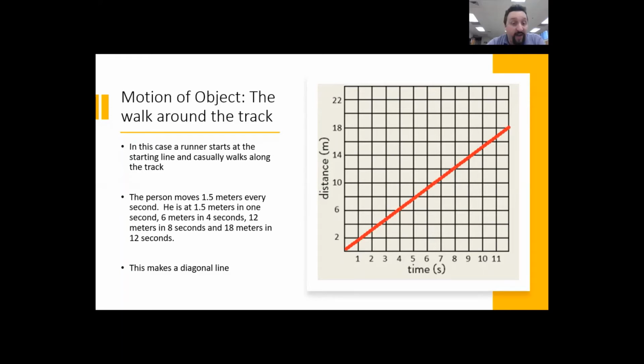To find how fast you're going, just take the distance and divide by time. So 6 divided by 4 is 1.5. By the same token, 12 divided by 8 is 1.5, and 18 divided by 12 is 1.5. That means they're moving 1.5 meters every second.